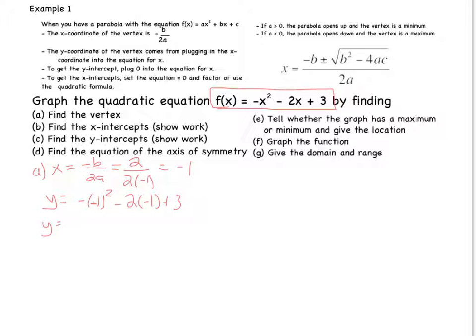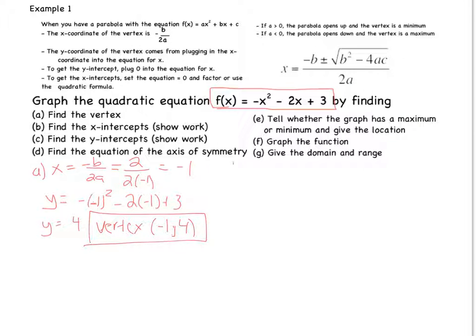Here we should end up with a 4. So my vertex ends up being negative 1, 4. Oops, not 14. And part A is done.